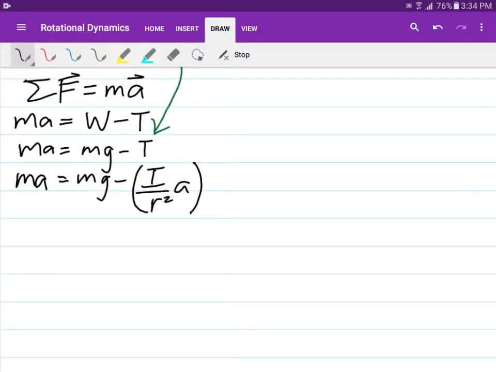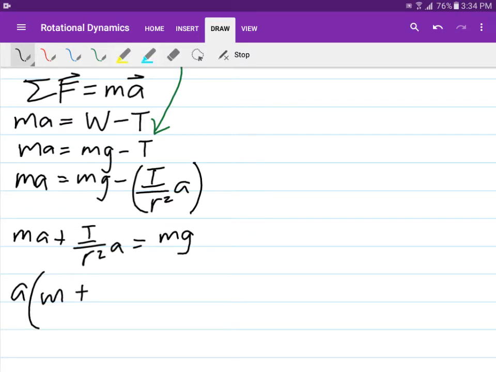Next, we group the acceleration term: ma plus I over r square times a equals mg. Factoring out a, we have (m plus I over r square) times a equals mg.